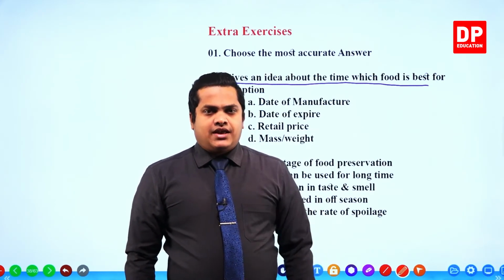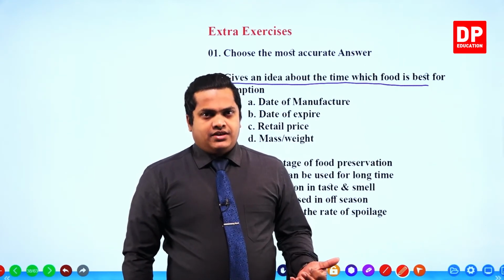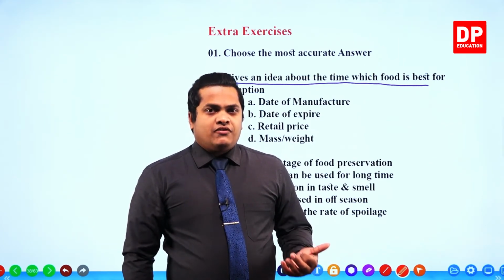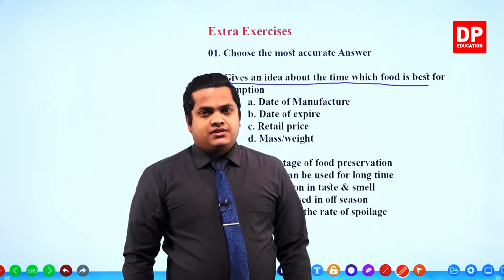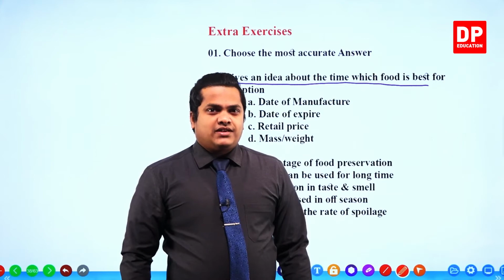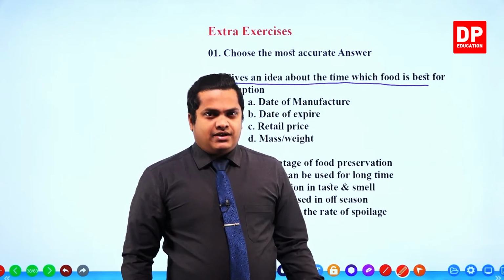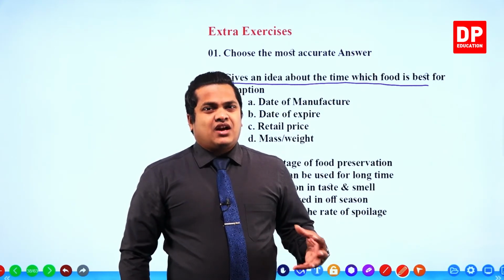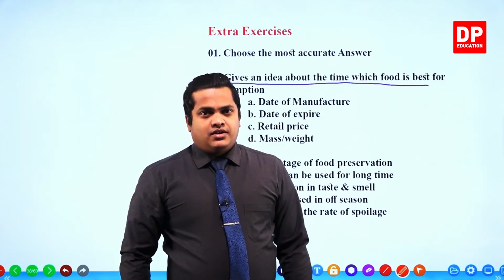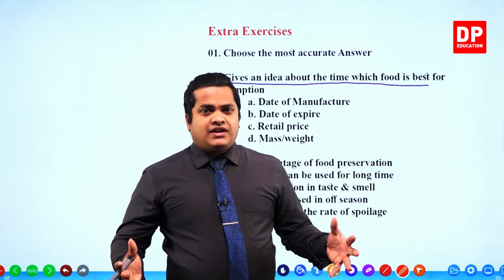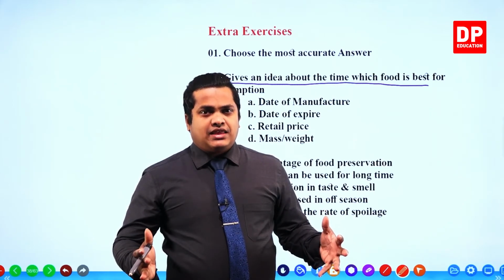Now let's imagine like this. If you take a bottle of cordial, it can be kept for a longer time period, like in years. If only the manufacture date is printed over there, then we can't come to a conclusion about when it is going to expire.